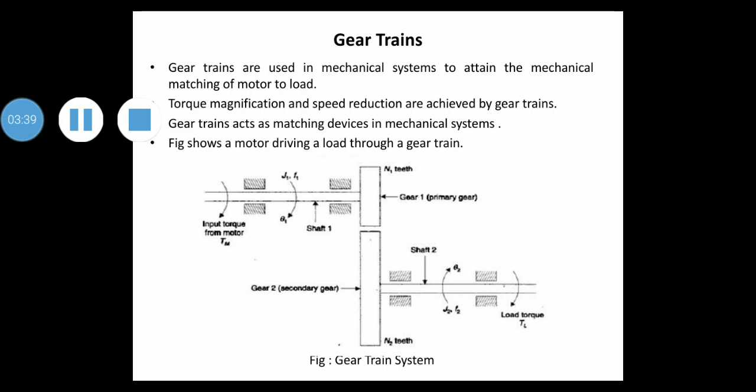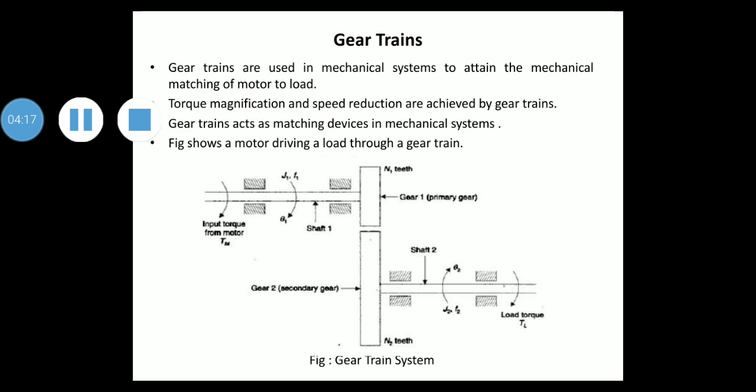A servo motor usually operates at high speed but low torque. To drive a load that needs high torque, torque magnification and speed reduction are needed, which are achieved by gear trains.